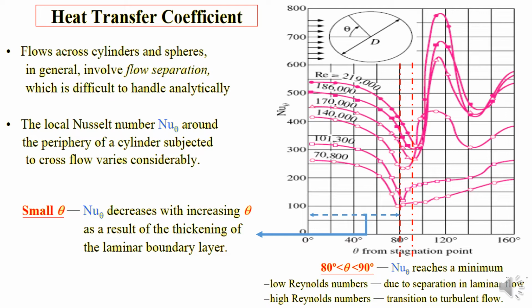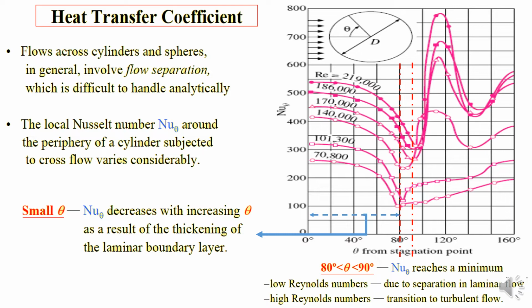So actually, in this section, we are interested in the heat transfer coefficient. Flow across cylinders and spheres, in general, involves flow separation, which is difficult to handle analytically. The local Nusselt number around the periphery of a cylinder subjected to cross flow varies considerably.